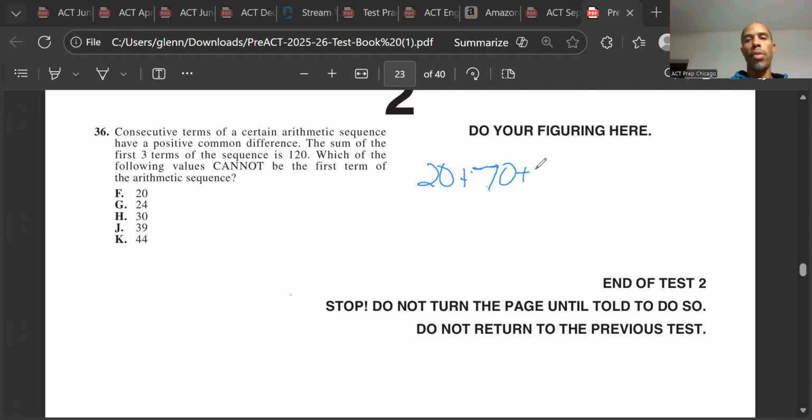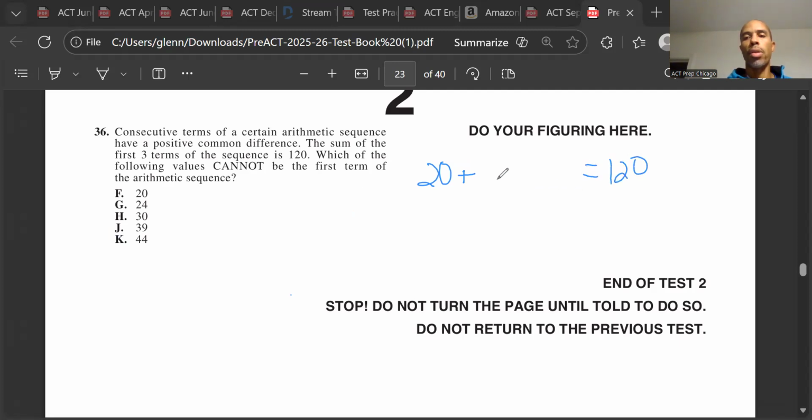So if the first term is 20, our other two numbers have to add up to 100, because the sum of the first three terms of the sequence is 120. When you add all three, we're going to get 120.